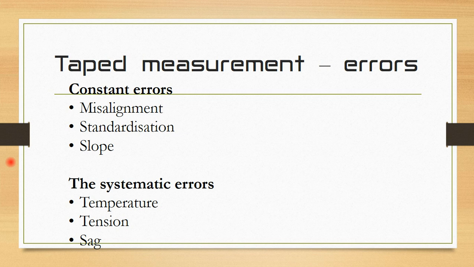Constant errors can be the misalignment of the lines, the standardization of the tape that we are using, and again the slope. The systematic errors are temperature, tension, and sag. Of course, the types of errors and other limitations of our surveys will be discussed in another lesson.